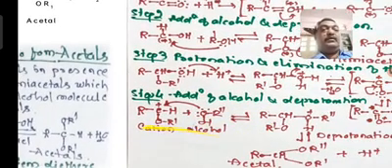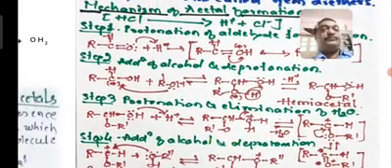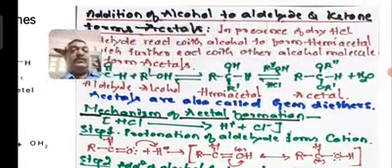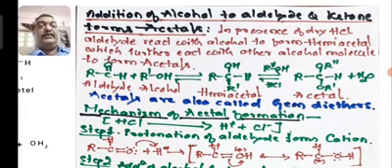Now the mechanism of this reaction, as I have already explained in the previous slide. See, an aldehyde reacts with an alcohol to form a hemiacetal. RCHO reacts with R'OH to form RCH(OH)OR'.